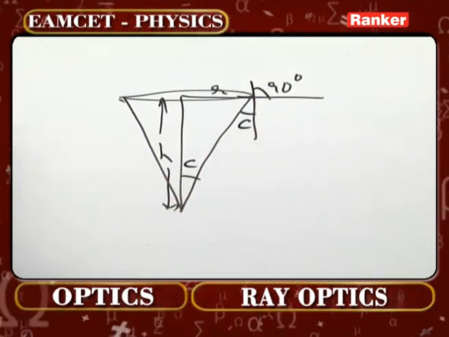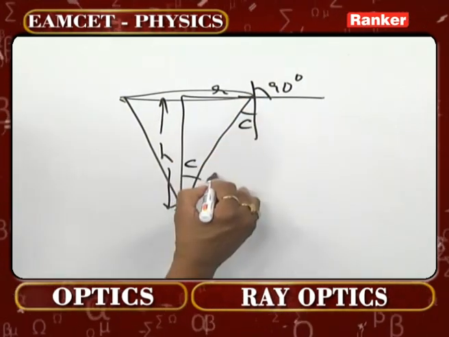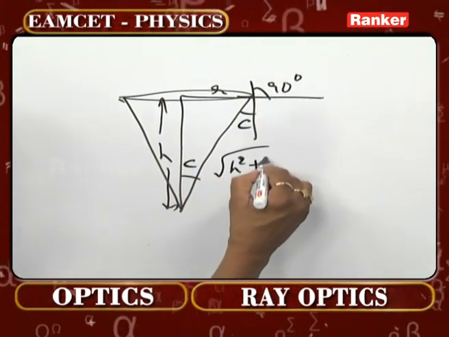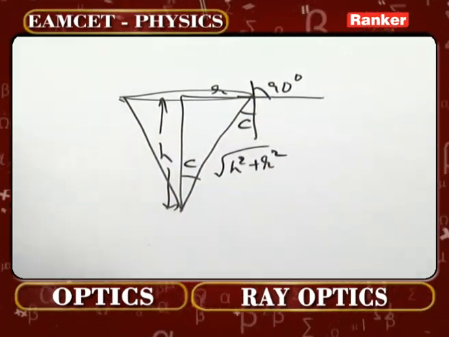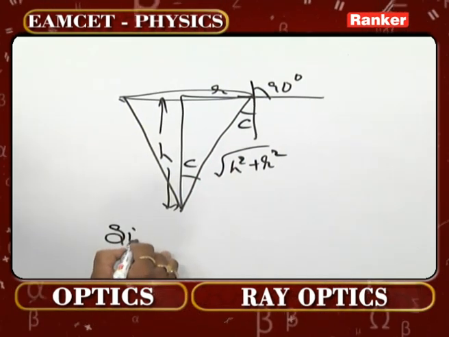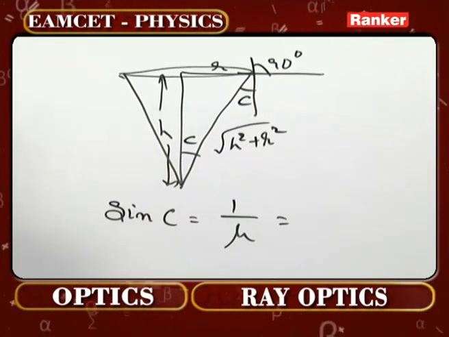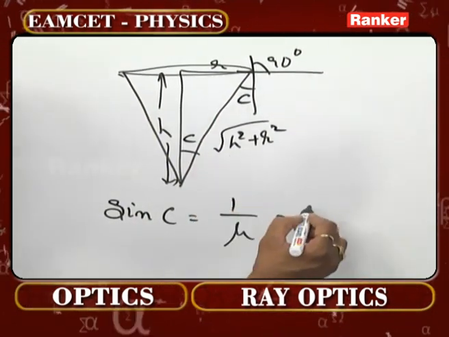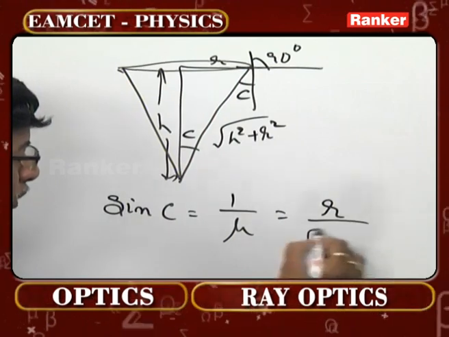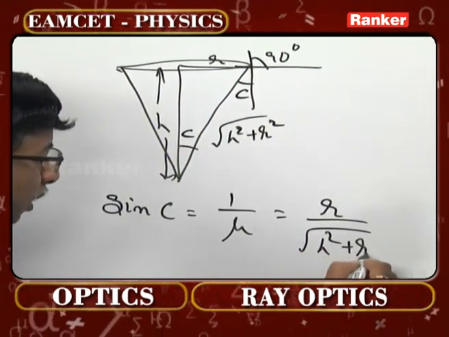Even this angle also must be the critical angle. Then what will be the side length here? Root of H square plus R square is the side length. So we can remember sin C is equal to 1 by mu according to the critical angle concept, that is equivalent to R by root of H square plus R square.